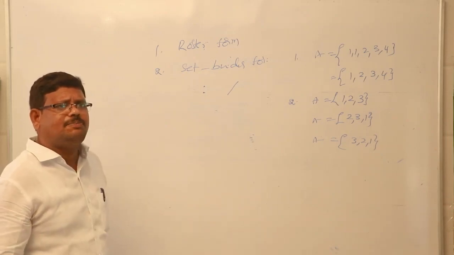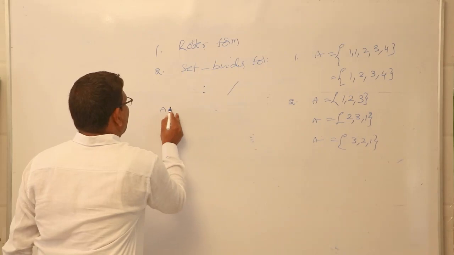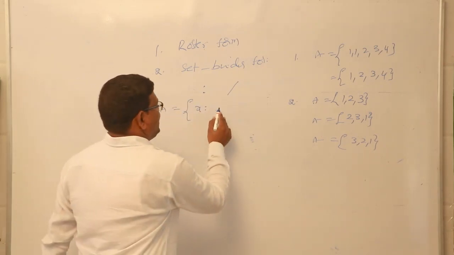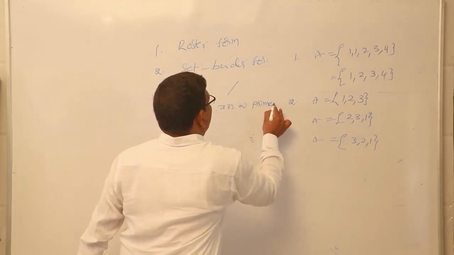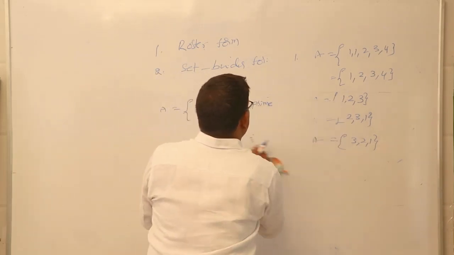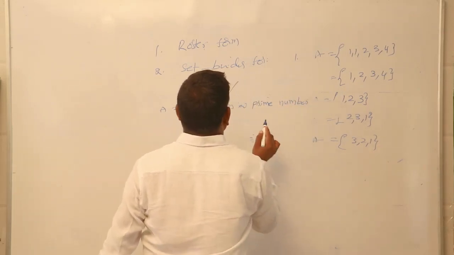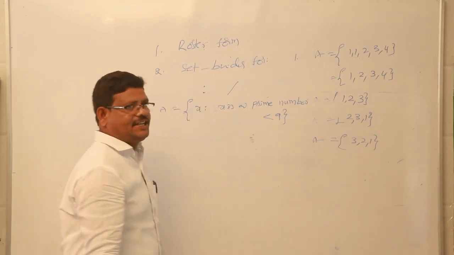All the prime numbers between 1 and 10, we write it as A equals the set of x such that x is a prime number less than 9.